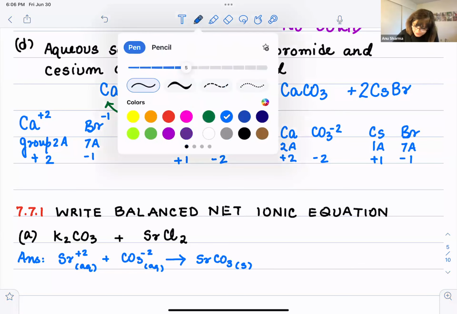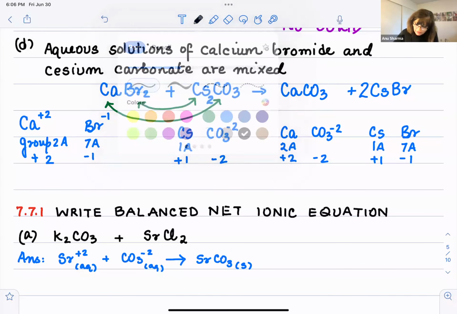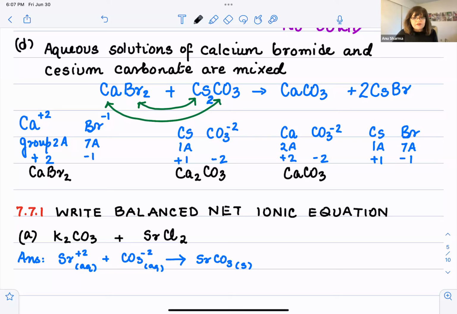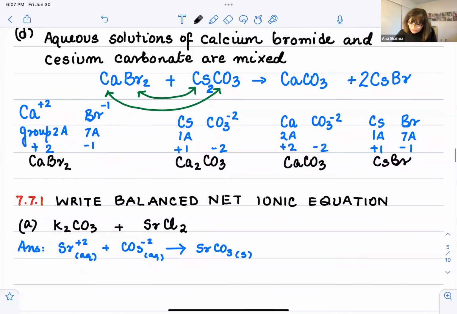So you see how these formulas are formed. This one is CaBr2. This one is Cs2CO3. This one is CaCO3, +2 and -2 cancel out. And this one is CsBr.